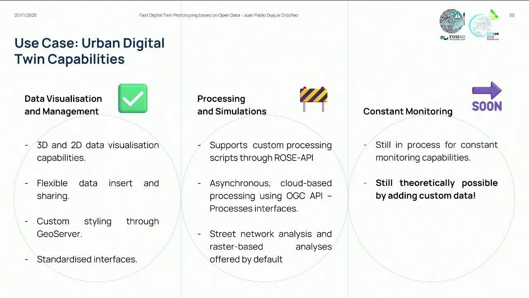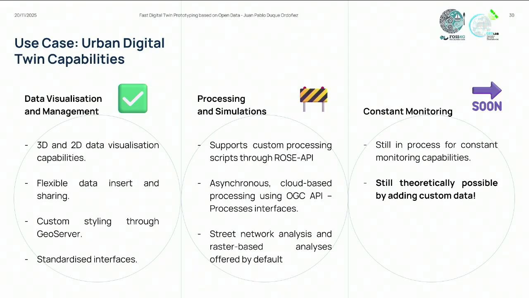Some of the capabilities of the system are data management and visualization, which are in a good state with respect to other urban digital twin solutions, at least with the 3D and 2D visualization and flexible data insertion. As I told you before, there is no global open dataset that contains Auckland, so the data was downloaded from Overture Maps and input after the creation of the urban digital twin. We also have the GeoServer to share the data in standardized ways.